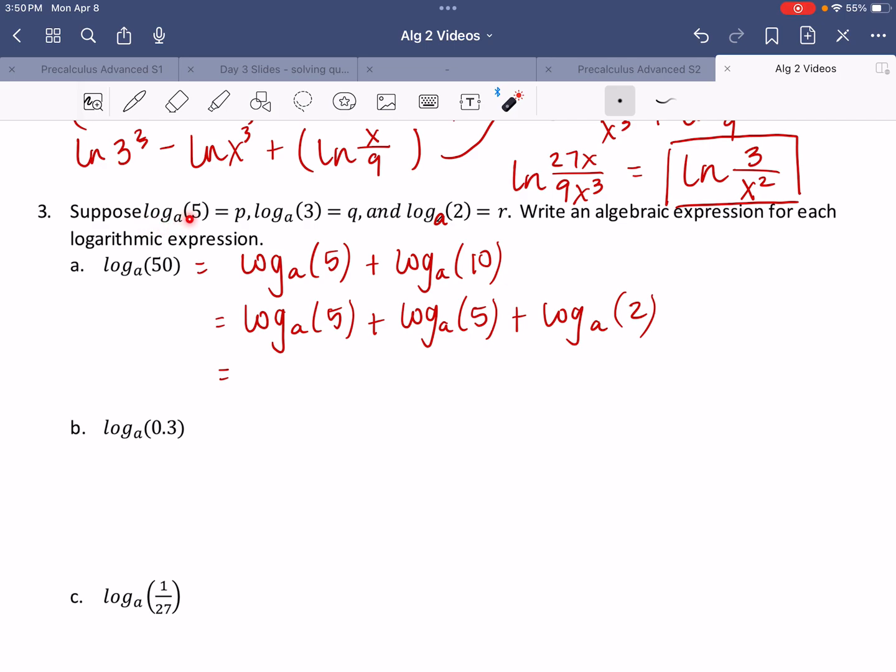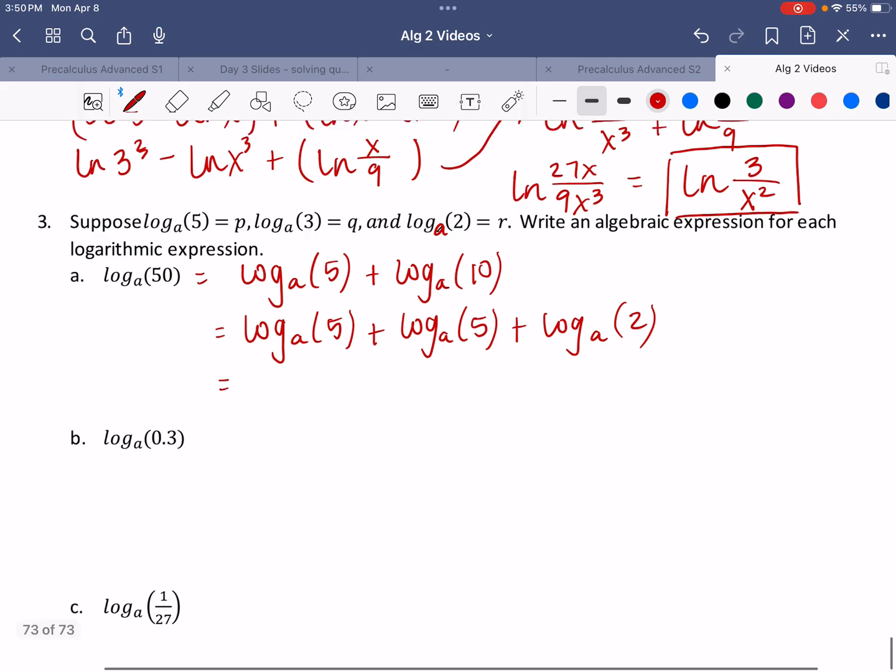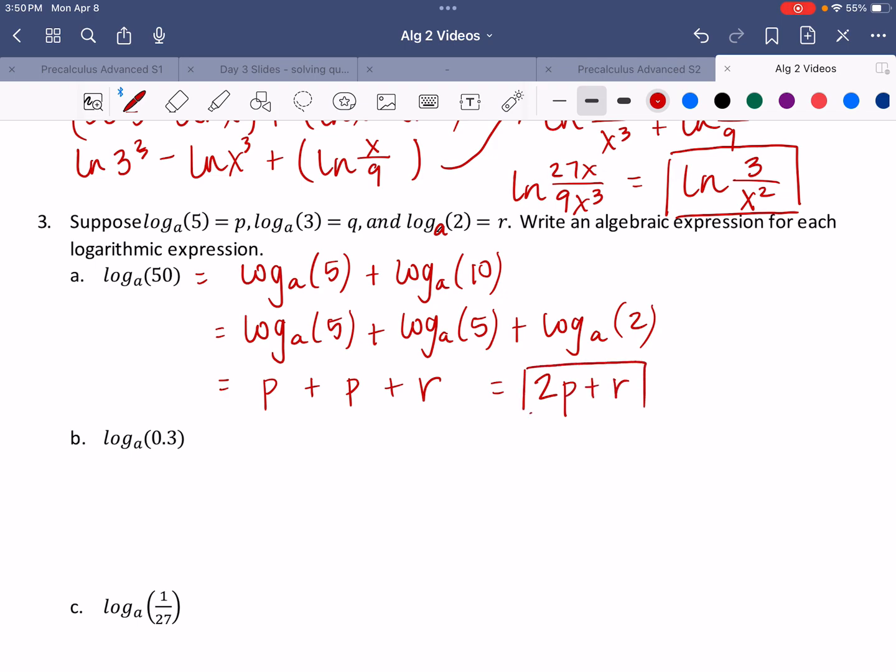Log base a of 5, we don't know what number that equals, but we know it equals p. So this is p plus another one, and log base a of 2 is r. So the algebraic expression I would get in simplest terms is 2p plus r after combining like terms.